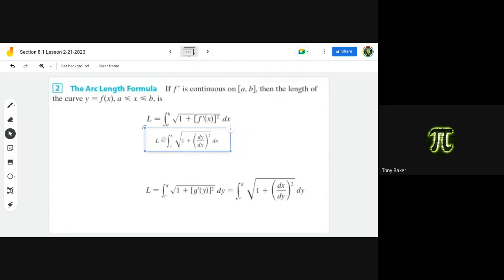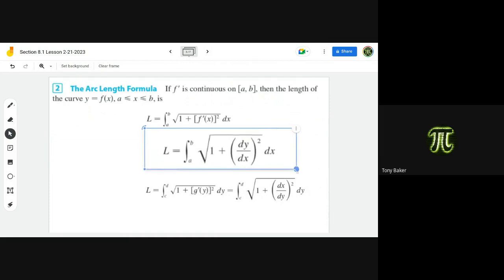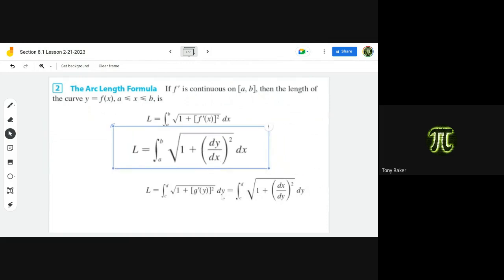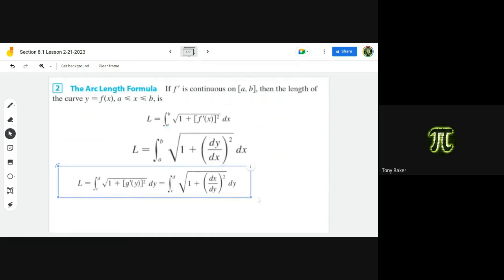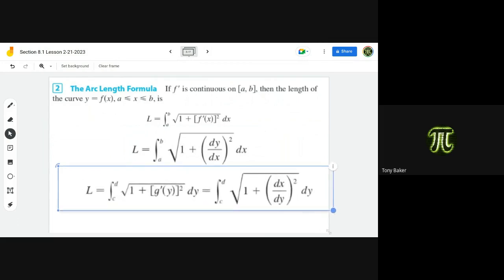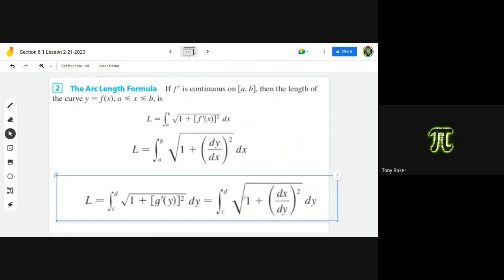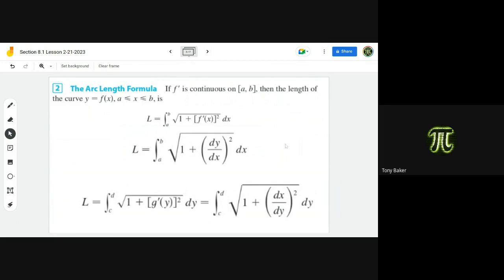I want to make the Leibniz one bigger because I can, because the other one is broken down. So that's that one. So the only difference between them, one is on the y and one is the x. Notice there really isn't any actual change in the setup of it. It's the square root of 1 plus the square of whatever the function is.